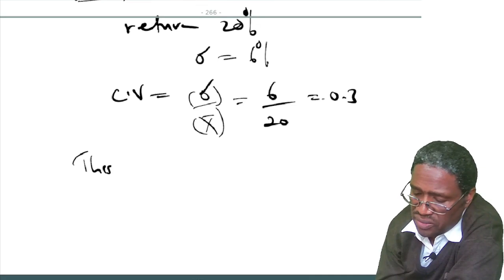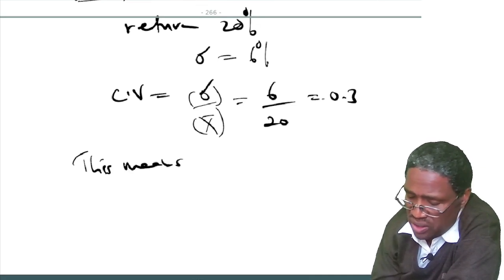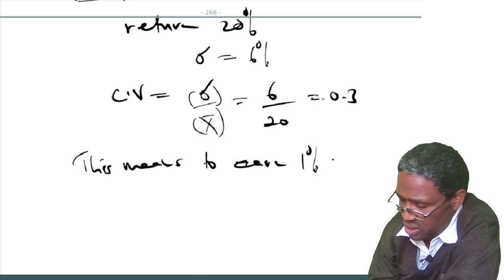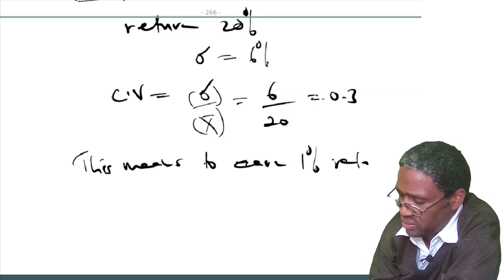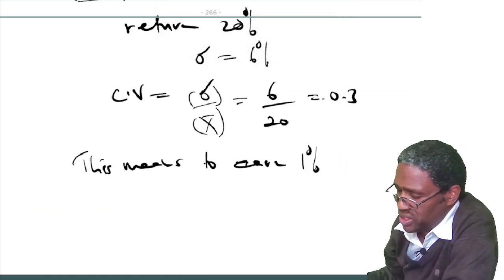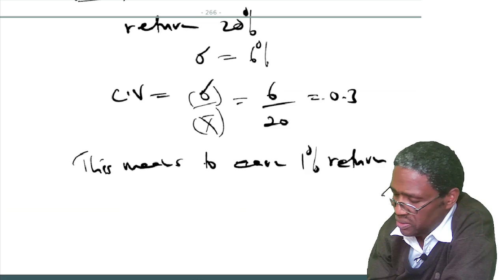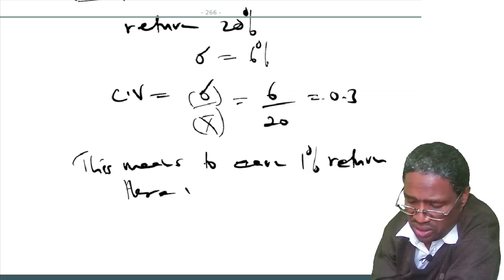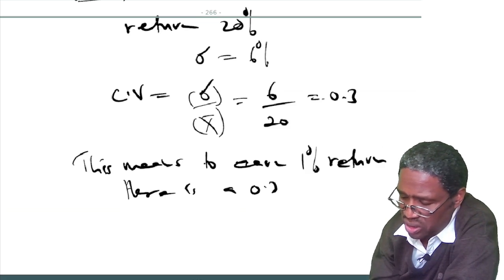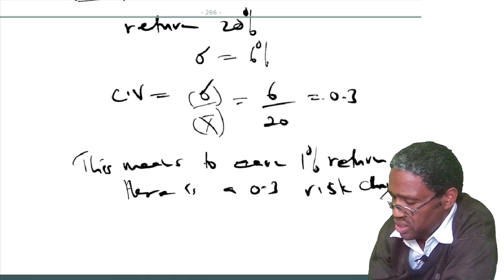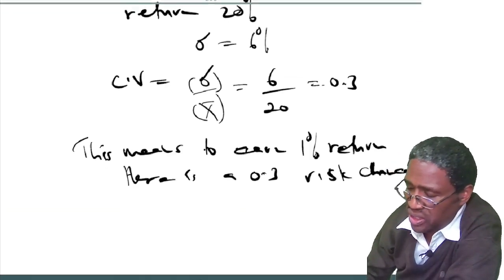This means that to earn 1% return, there is a 0.3 risk chance.